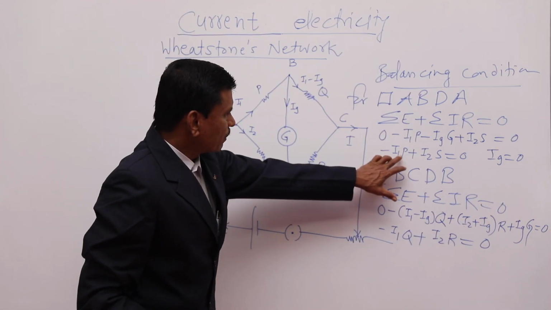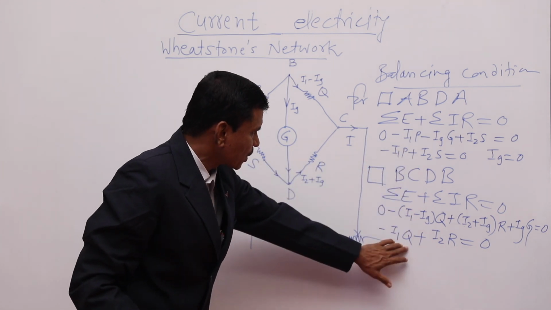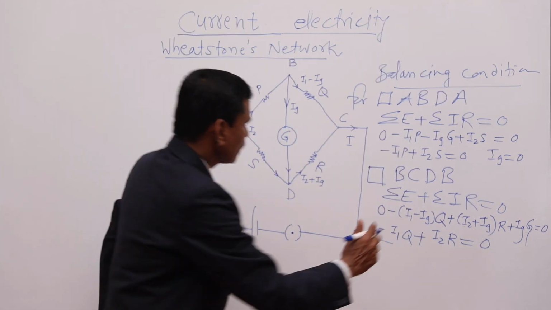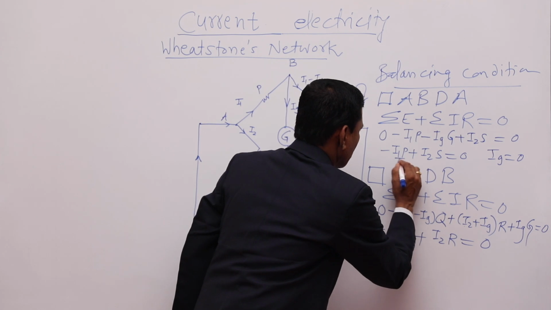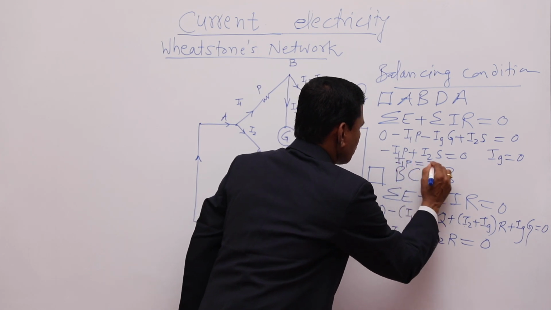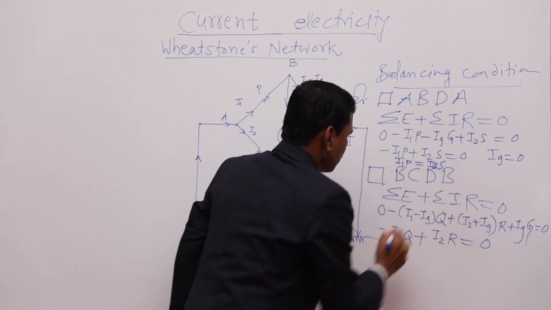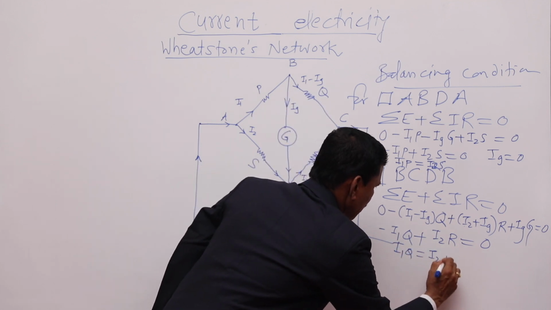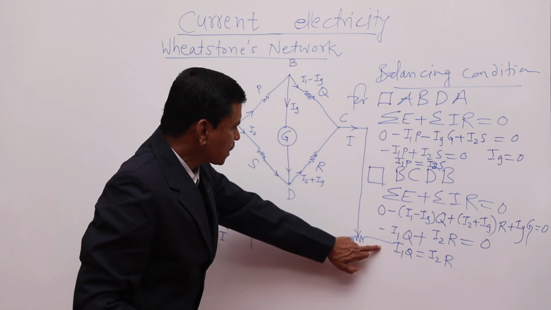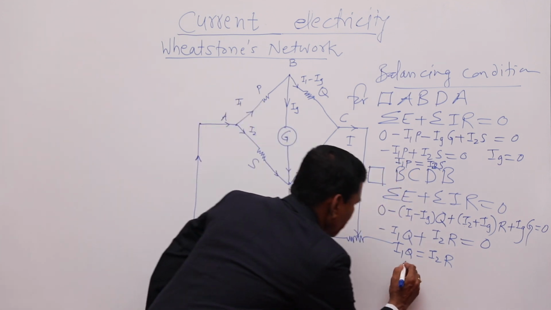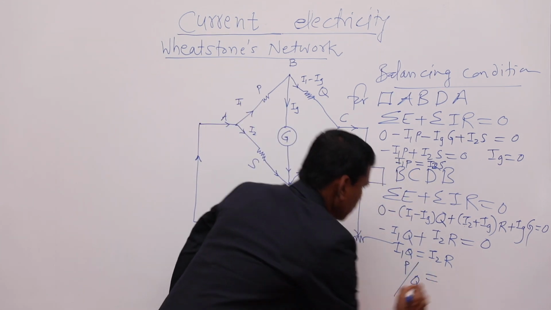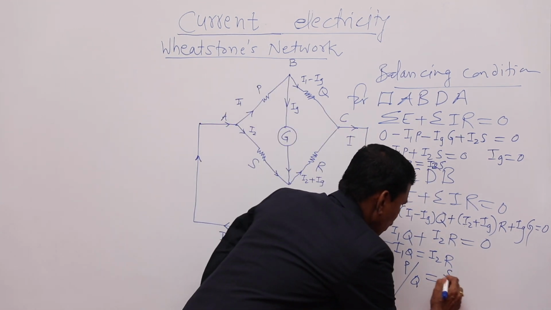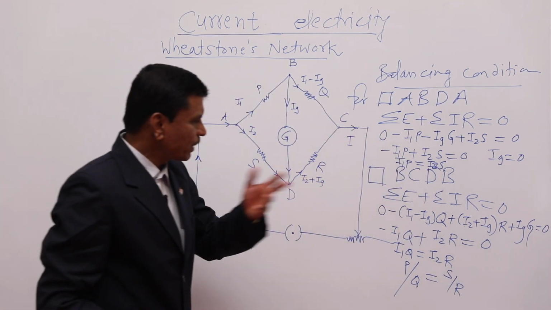If we divide this equation by this equation, what will happen? See, from this equation, I1P is equal to I2S, and from this equation, I1Q is equal to I2R. Dividing this by this equation, we get P upon Q is equal to S upon R. I1 and I2 will get cancelled.